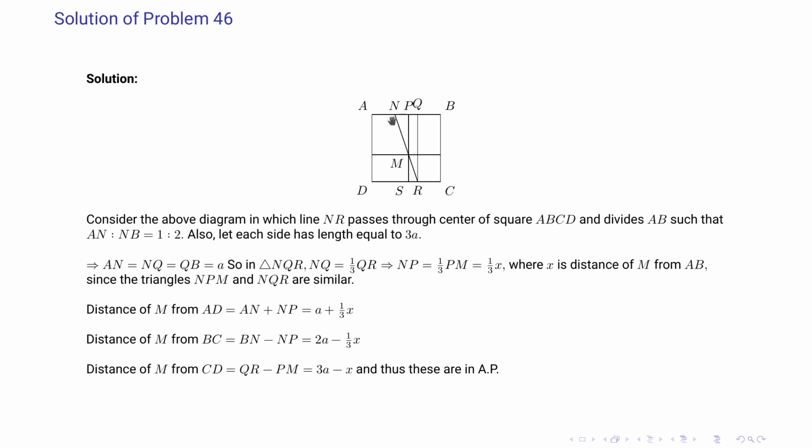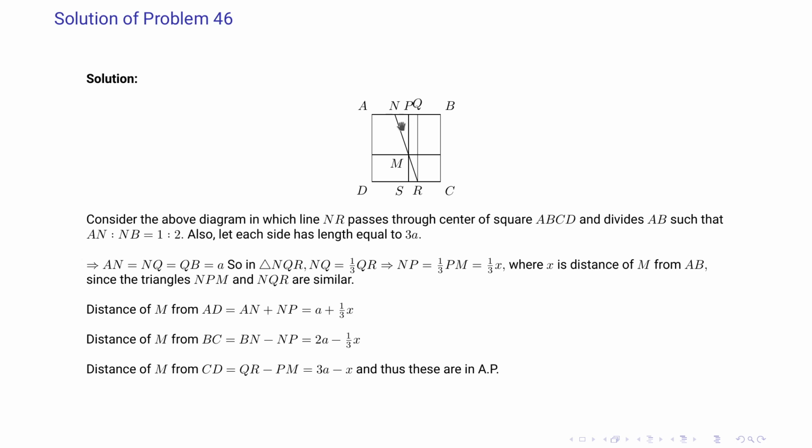Now if you see, triangles NPM and NQR are similar. The reason is that angle R and Q is common in both, and the ratio of the sides would be 1 is to 3. So you see that 1 by 3 QR, that is this side, would be equal to NP, that is this side.